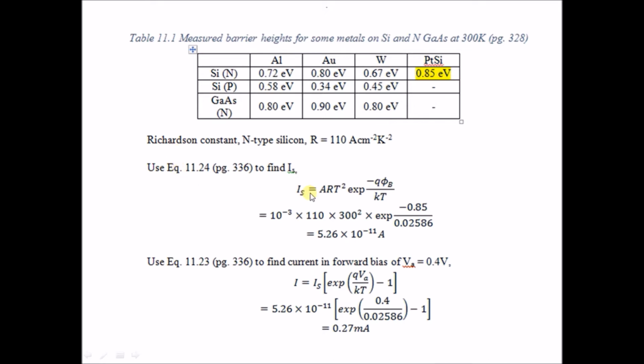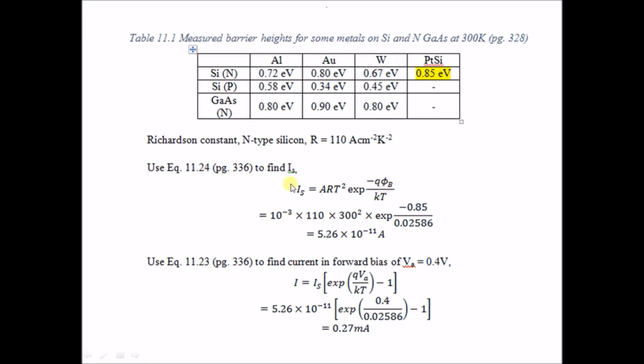To find the value, we need to find the I_S first. I_S is the reverse bias saturation current. The equation is from page 336: A R* T squared exponent negative q times barrier height over kT.